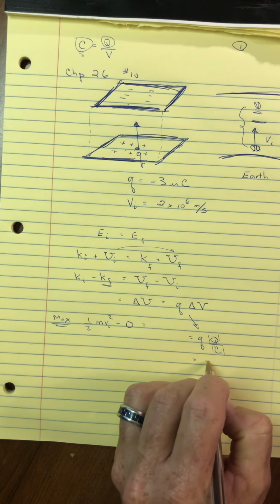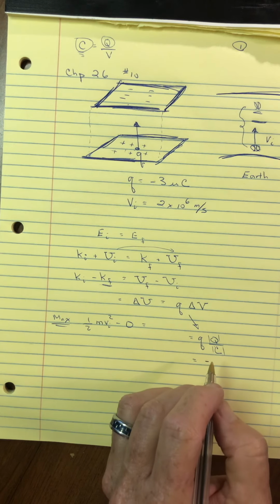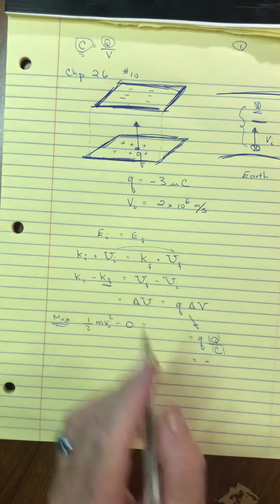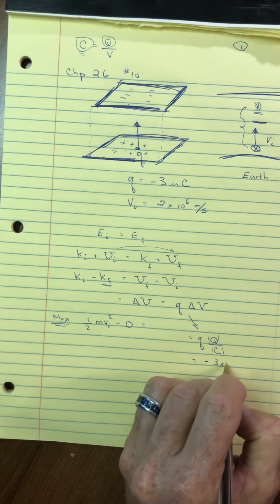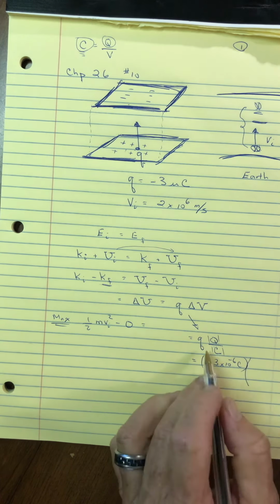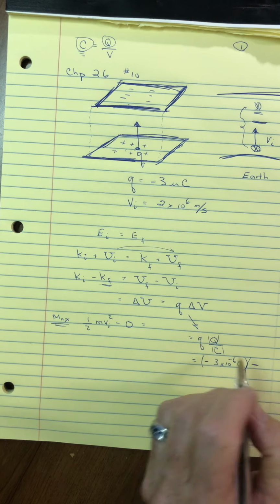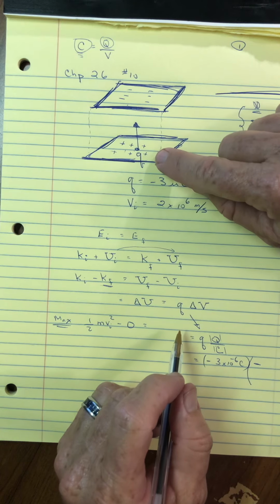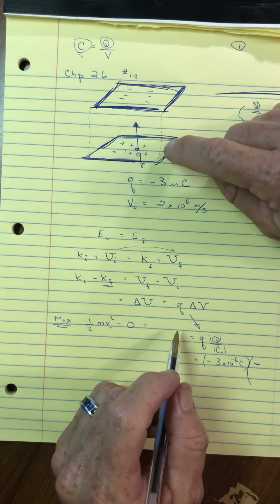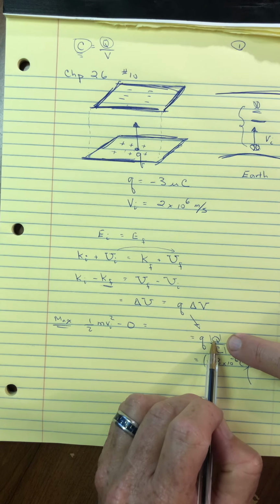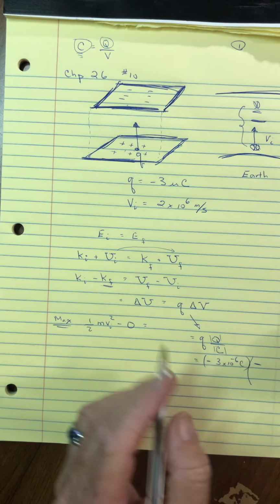So maybe I'll put then the charge is a negative, what I read, 3 microcoulombs. And the change in potential is a negative, and I got to get that from my picture because I'm going from a positive plate to a negative plate. And its value is given by the absolute value of the charge on the plate divided by its capacitance.